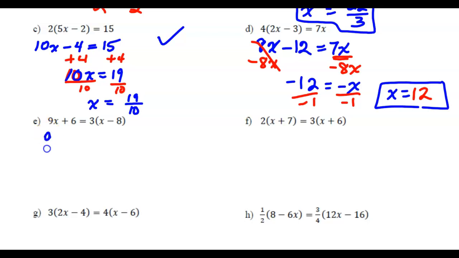So 9x plus 6 equals 3x. Now it's minus 24. Okay. And so now it's like the questions we were doing on the first page. There's an x term and a constant on both sides. So now I'm going to look for the smallest x term.